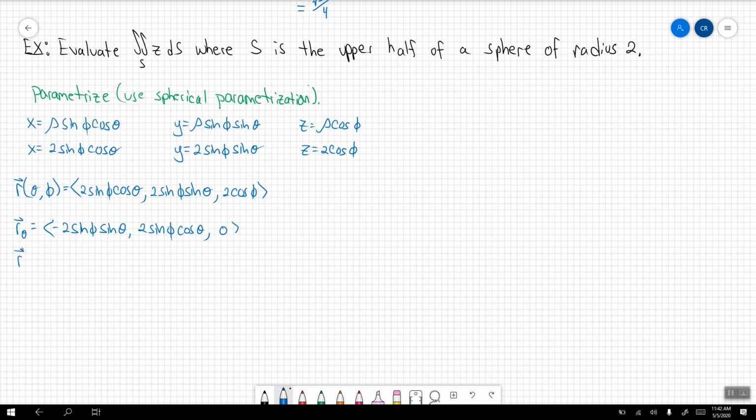And then I have my partial derivative with respect to phi, which is going to be 2 cosine phi cosine theta, 2 cosine phi sine theta, and finally negative 2 sine phi.